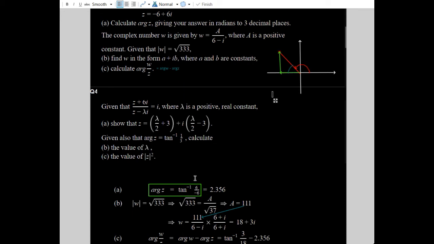Let's make sure that we can see what w looks like. w is 18 in terms of the real, and it is 3i. So something like that is what w looks like. This here is our original z, and we need arg w divided by arg z, which is the same as arg w minus arg z.